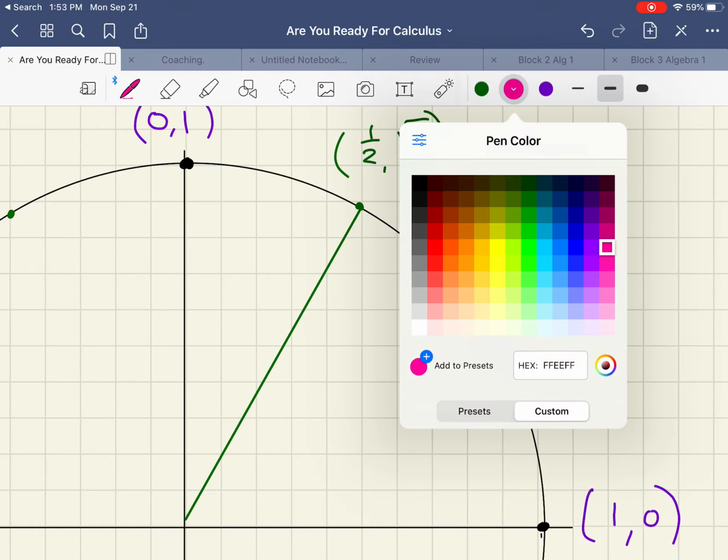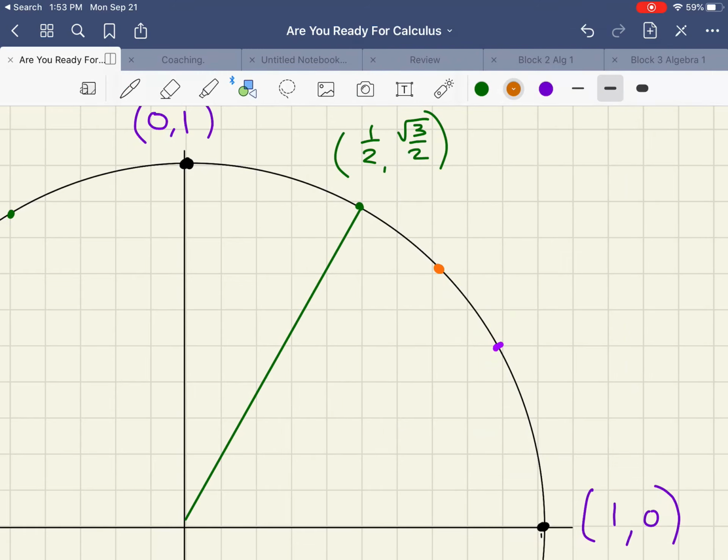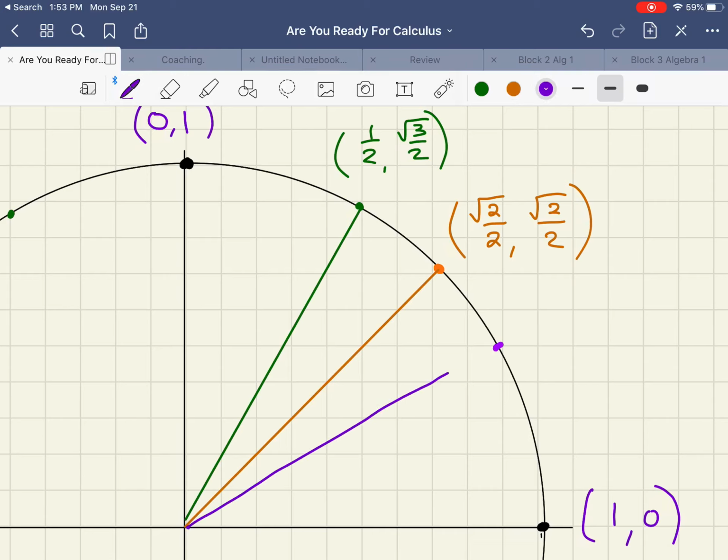If we go to a 45-degree angle, aka pi over 4, we're at that middle one. The coordinates are probably the one that's easiest to remember, √2/2 and √2/2.